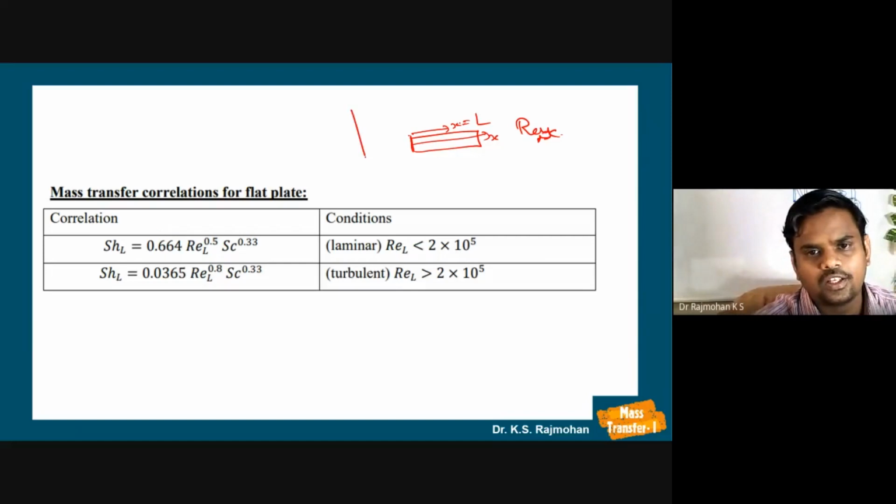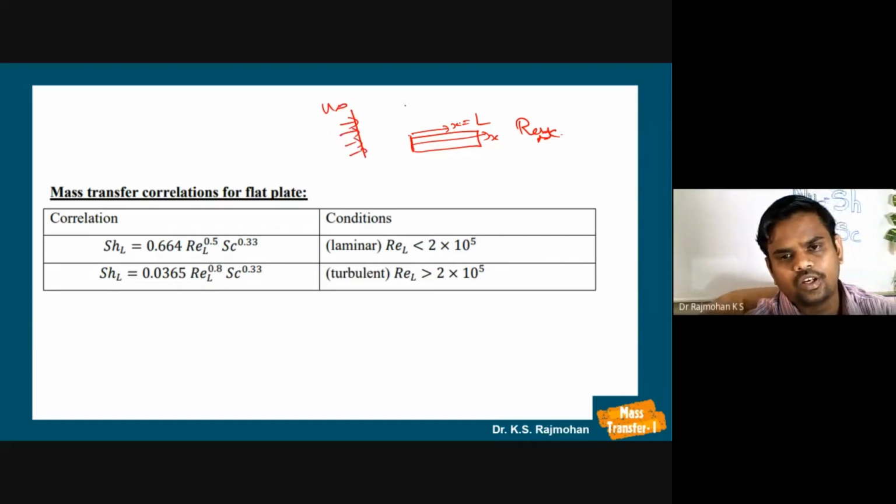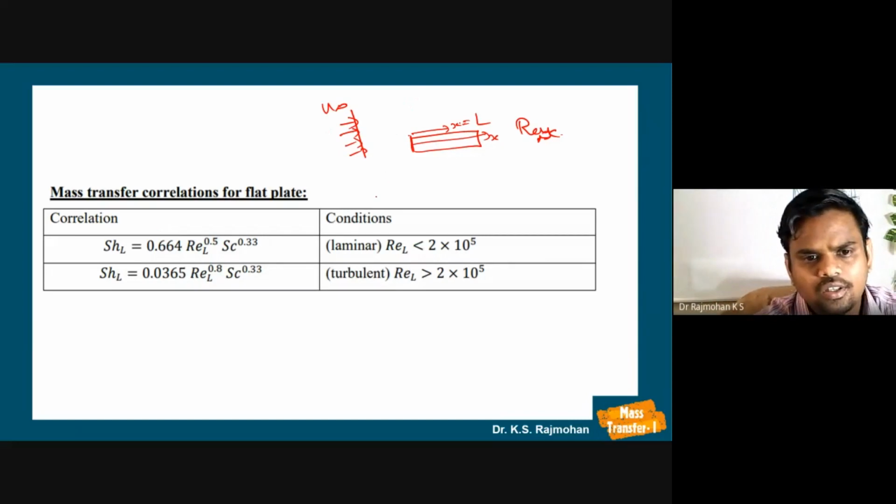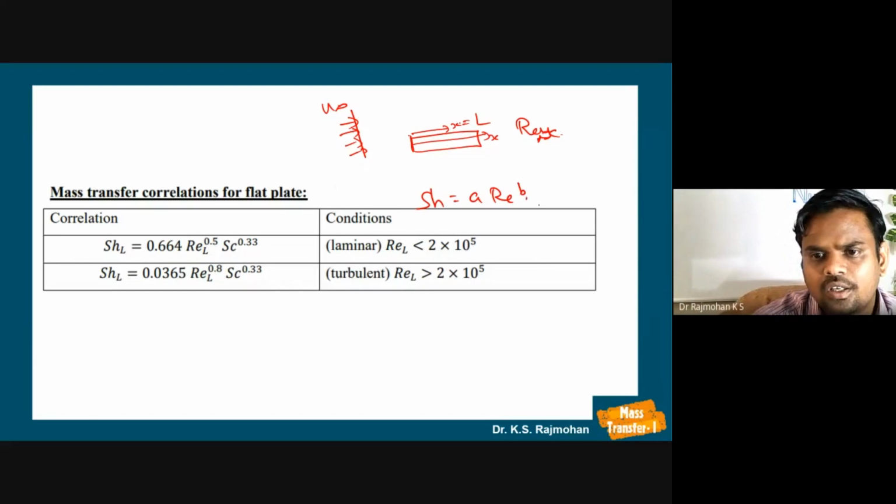When the fluid is moving with a uniform velocity u infinity, we have a relationship to determine the mass transfer coefficient, where the Sherwood number is equal to a into Re power b Sc power c. So that is the general form.